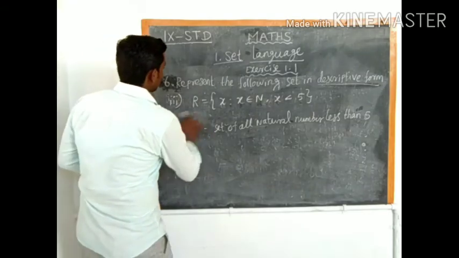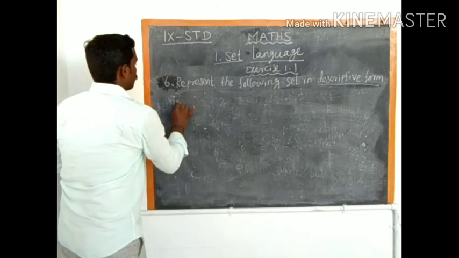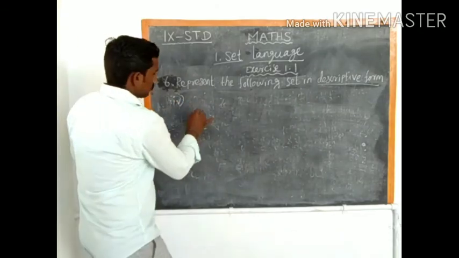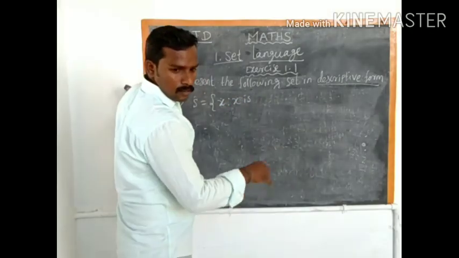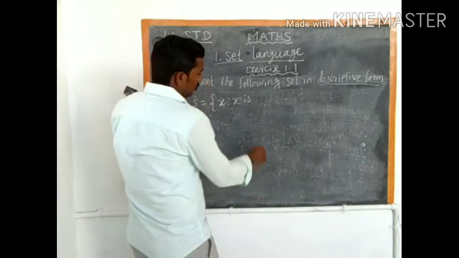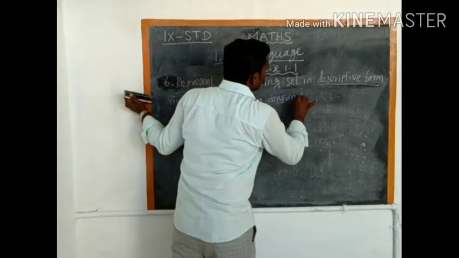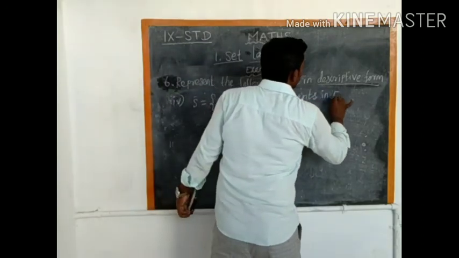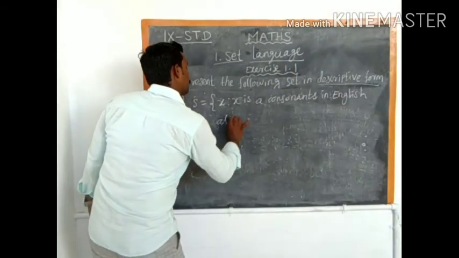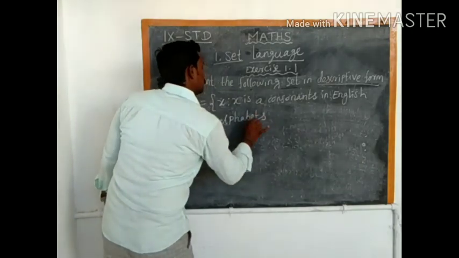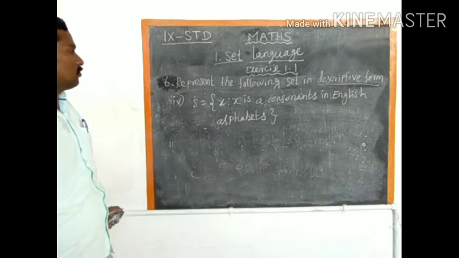The last question, the fourth one. The set defined by S such that x is a consonant in the English alphabet.